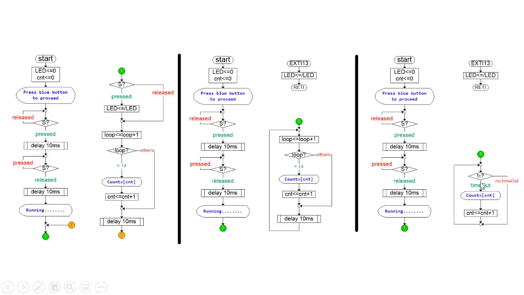So when time out, then we display the count and increase count repeatedly. But when the extended interrupt from PC13 is requested, then the LED is toggled. So we write code based on the right one.